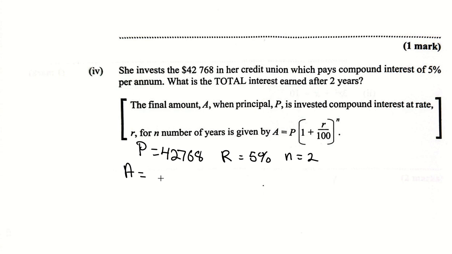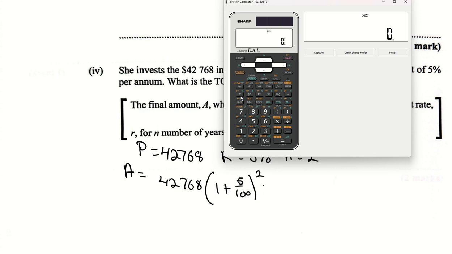So the amount would be 42,768, open bracket, 1 plus 5 over 100, to the power of n, which is 2. You're going to put this in your calculator. So 42,768 by 1 plus 5 over 100, close bracket, to the power of 2.